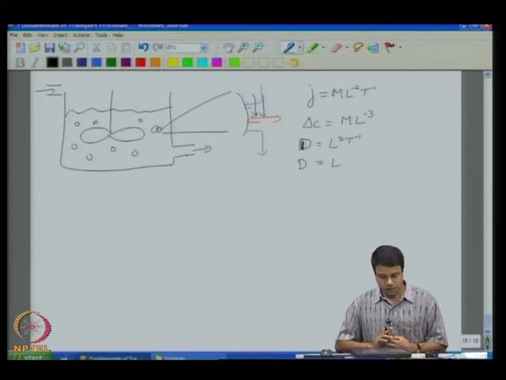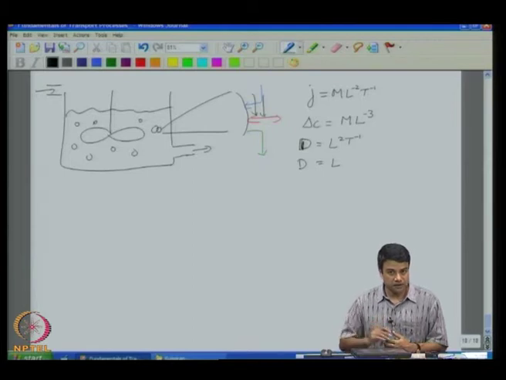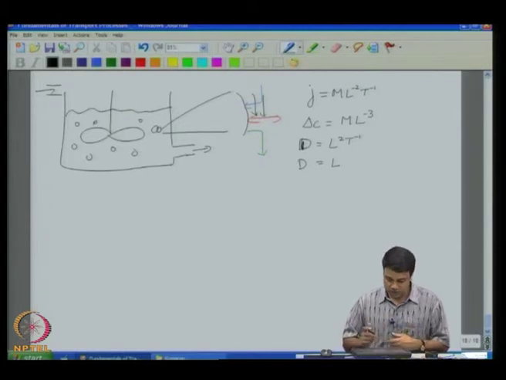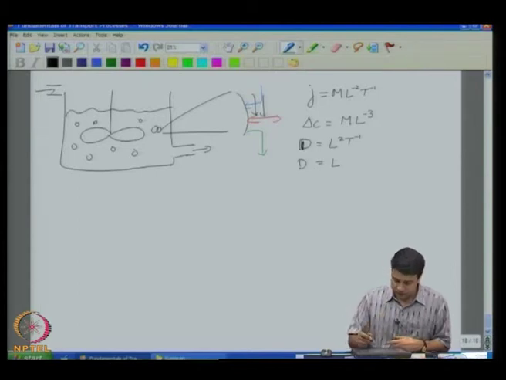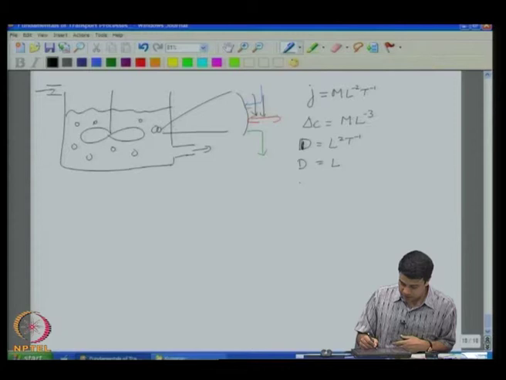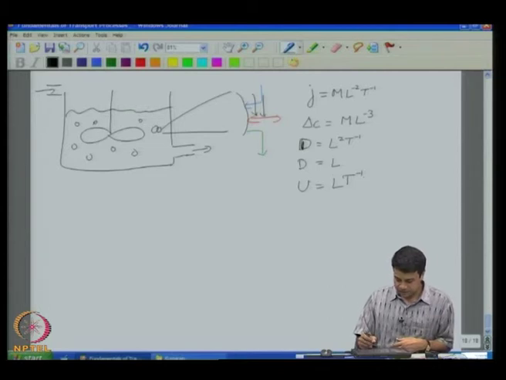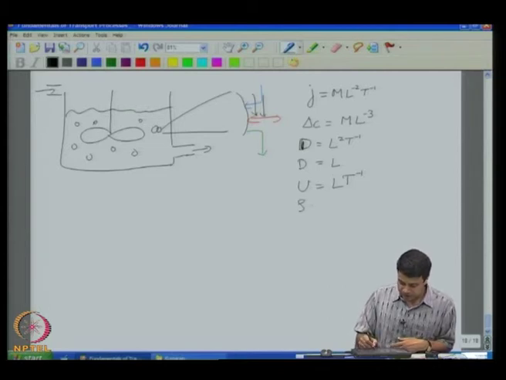In addition, the flow of the fluid very near the surface is of course going to depend upon the average velocity with which the fluid is being swirled around. So, it is also going to depend upon the fluid flow properties, which has an average velocity of the swirling of the fluid around it. And those fluid properties, the velocity u with dimensions L T inverse, as well as the density and the viscosity.